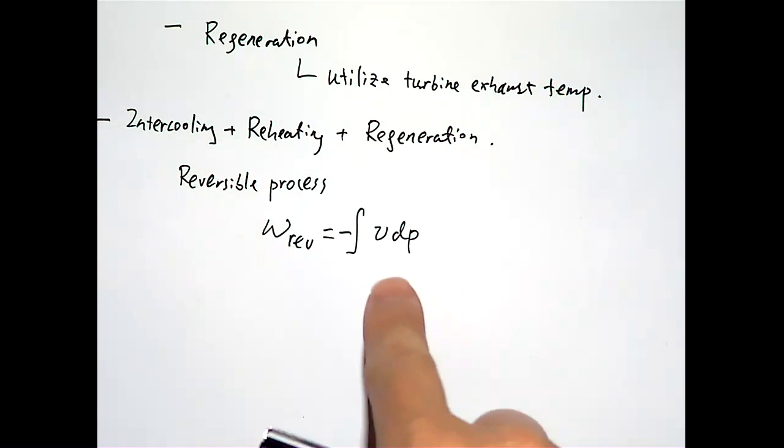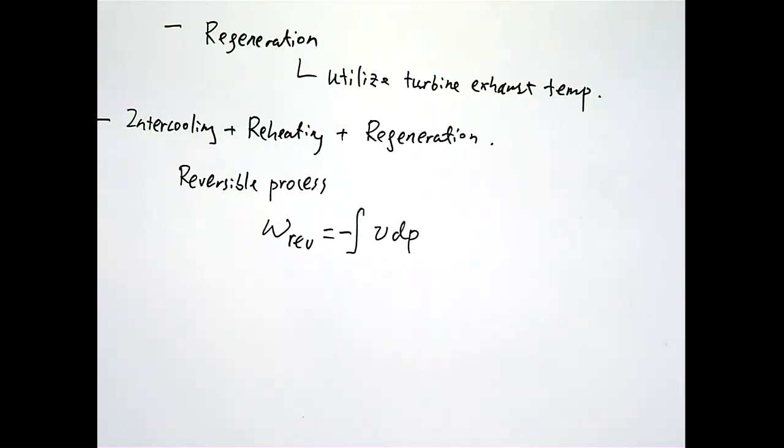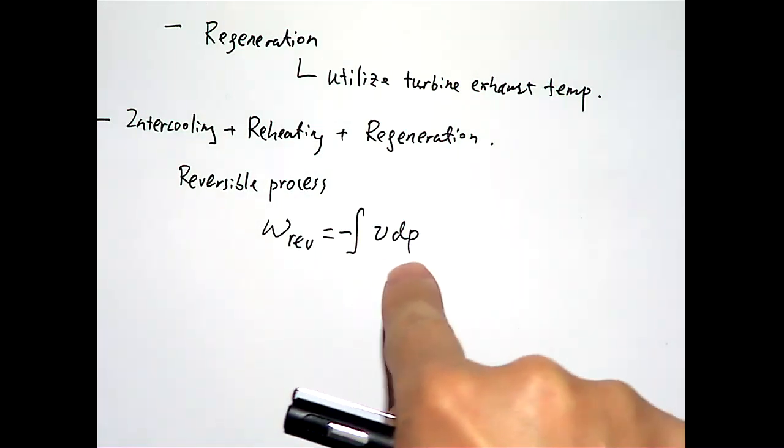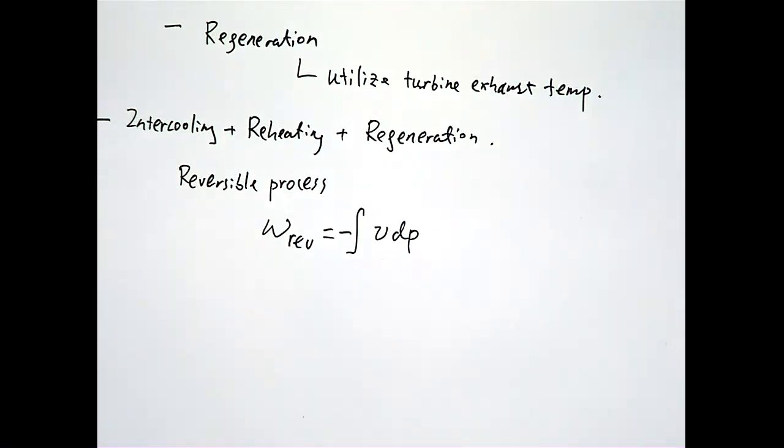But because the temperature goes up during the isentropic process, the volume will correspondingly become larger compared to the case with no temperature change.